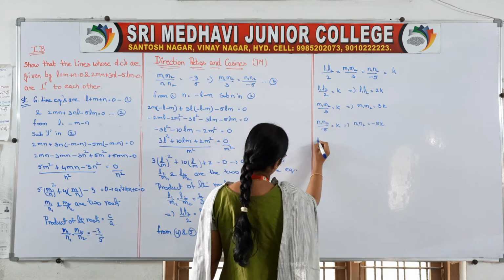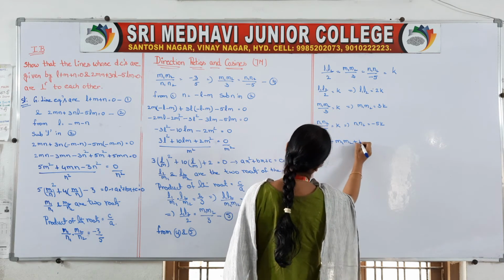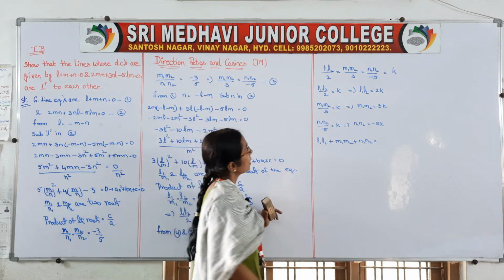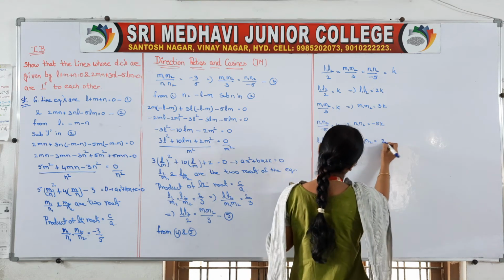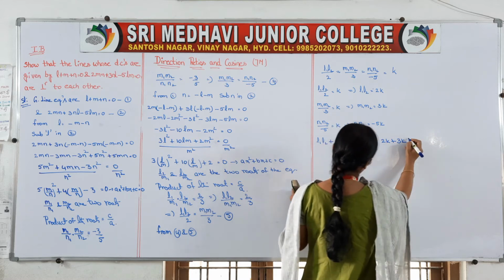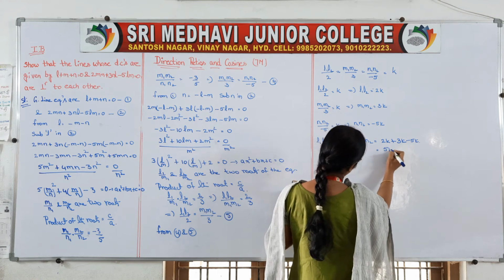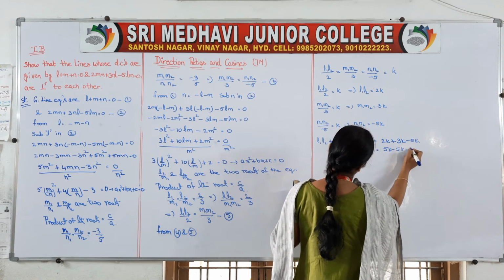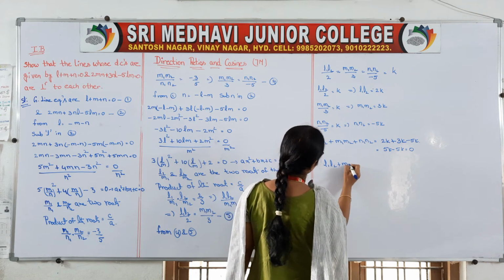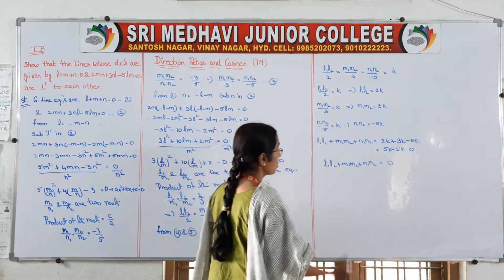Now take L1 L2 plus M1 M2 plus N1 N2, which is 2K plus 3K, 5K, minus 5K, which is equal to 0. We got L1 L2 plus M1 M2 plus N1 N2 is equal to 0.